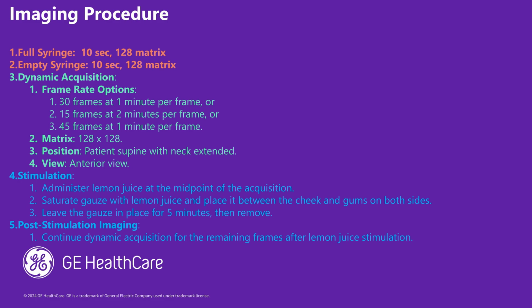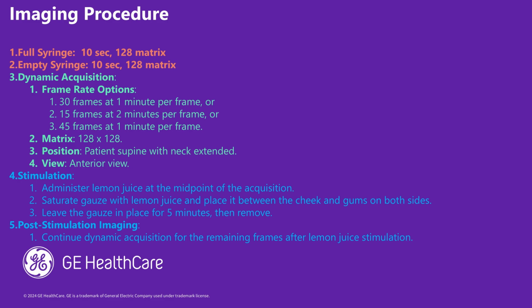The dynamic acquisition has 3 options: 30 frames of 1 minute each, or the second option is 15 frames at 2 minutes per frame, and the third option is 45 frames at 1 minute per frame. Matrix 128, patient is positioned supine with neck extended and anterior images are captured.